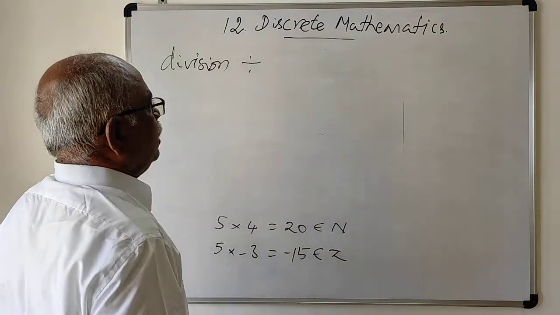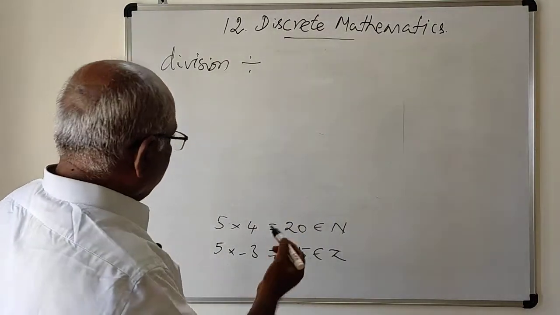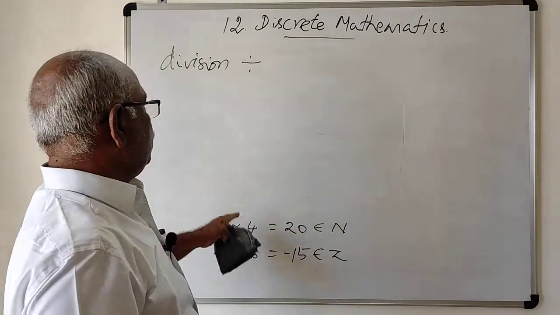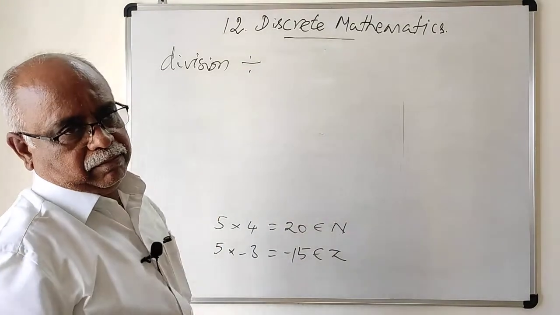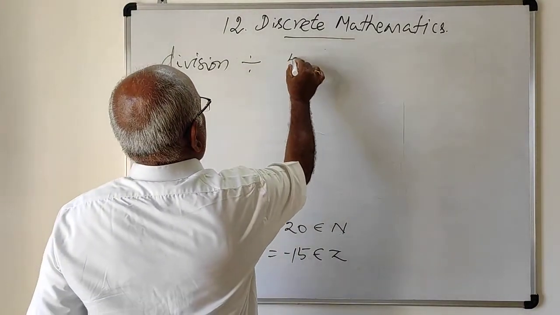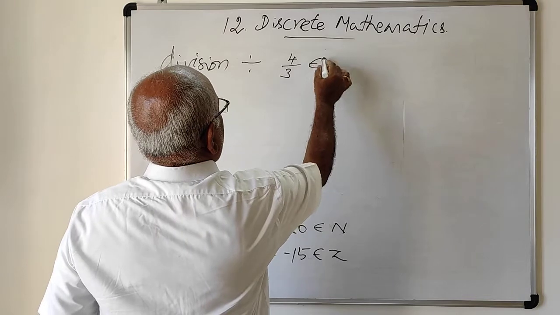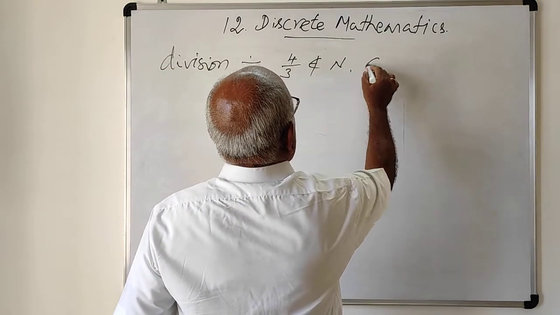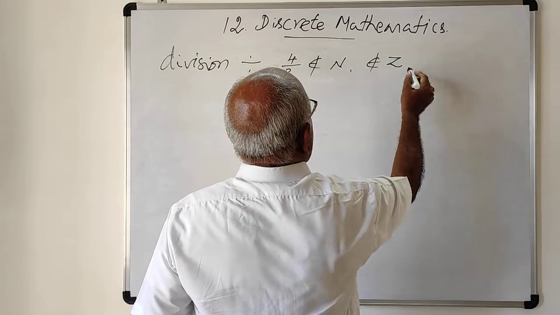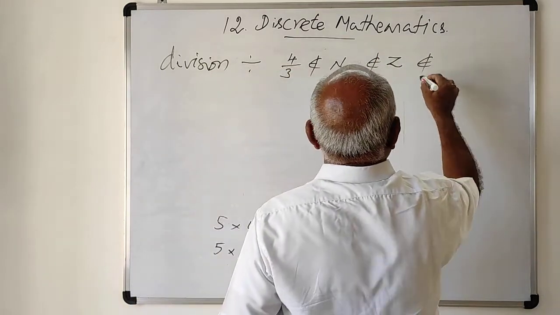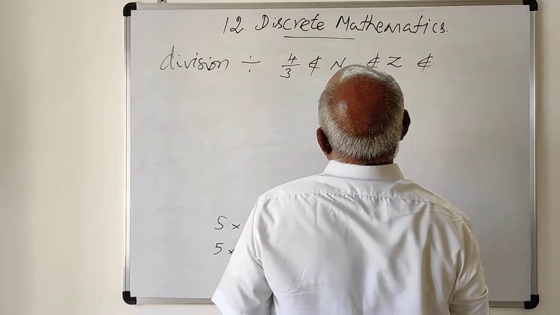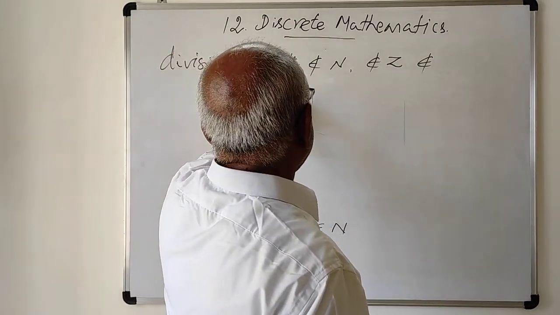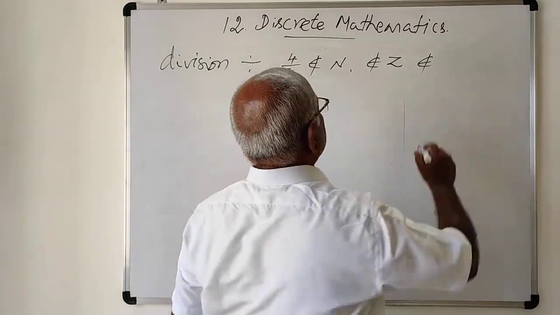For example, the division of two natural numbers is not a natural number. 4 by 3 is not in N. Similarly, it is not in Z. 4 by 3 is not in Z.